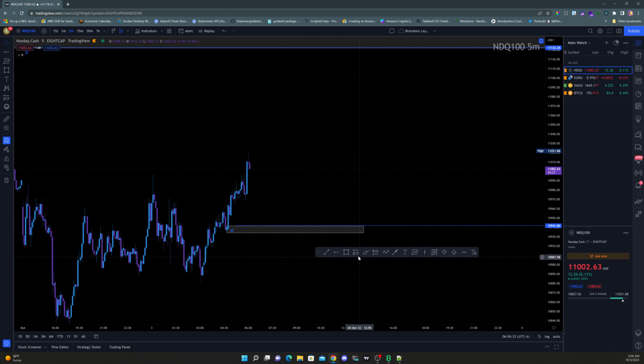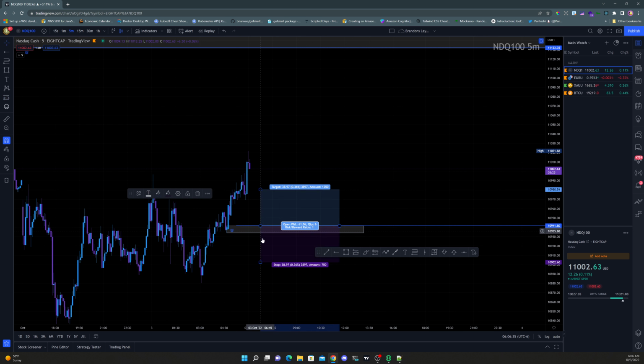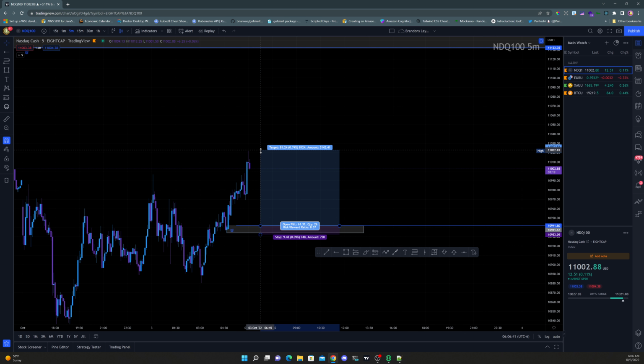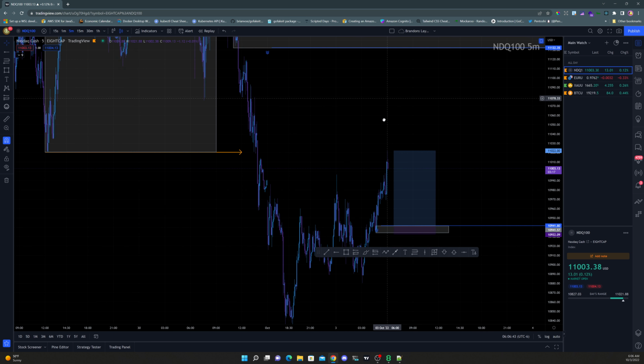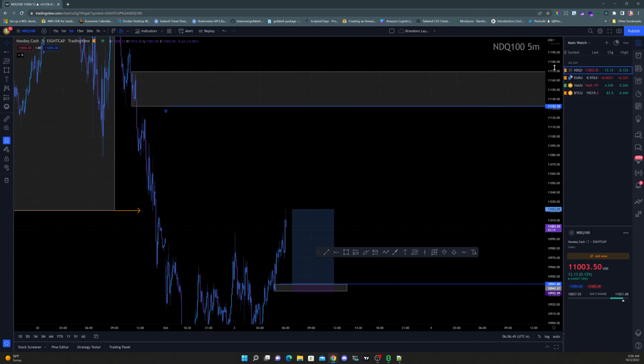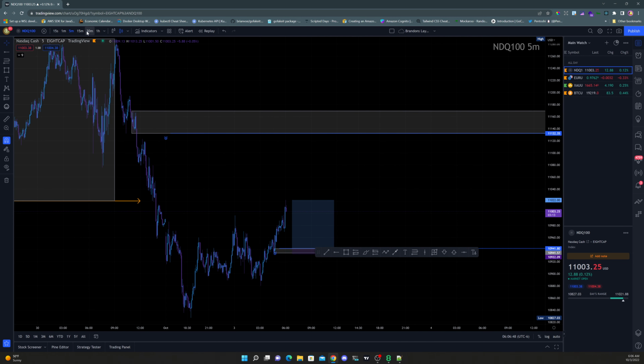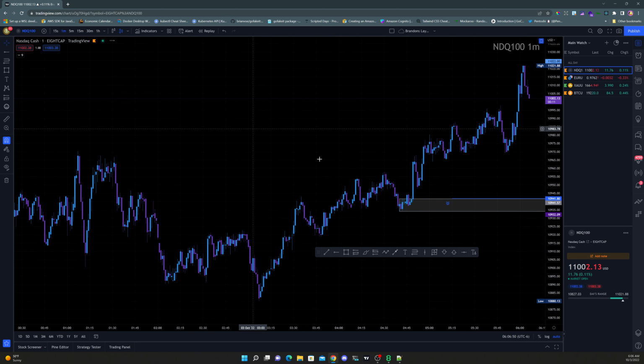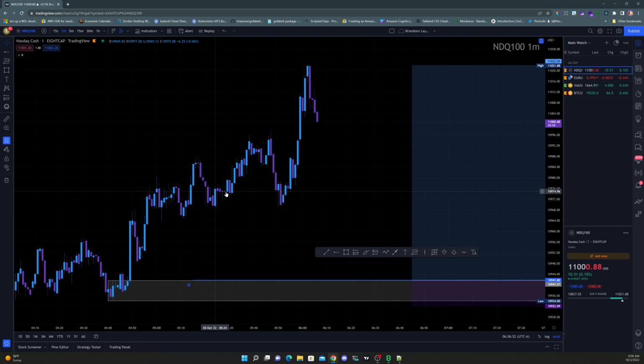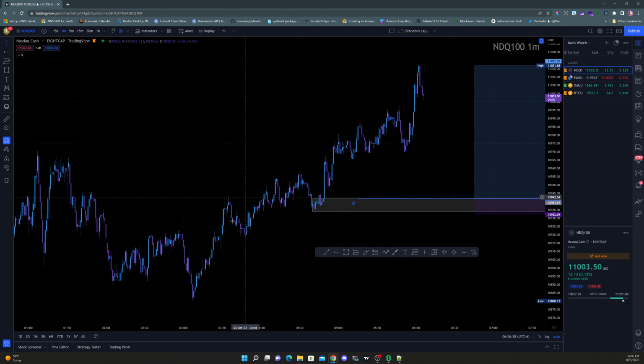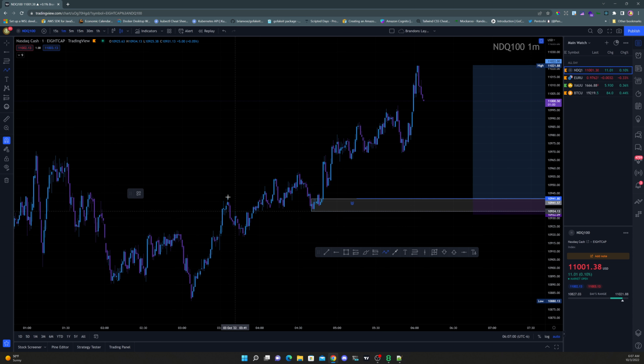Let's measure out what we could get here. If it pulls all the way back here, we're looking at a 1 to 8. And then ultimately, higher time frame, we'll look at the 1 minute real quick. If we're looking at price action, this is an intermediate candlestick structure, as we would say.